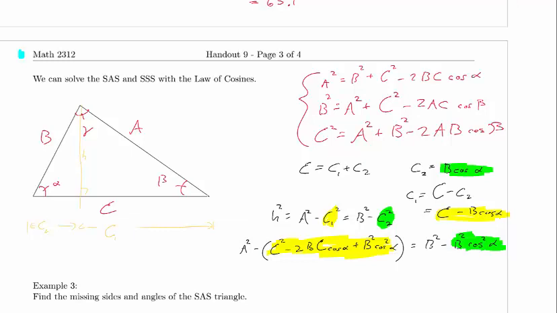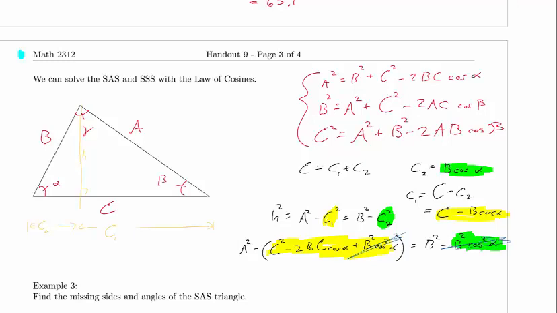Alright, so notice that we've got minus negative b squared cosine squared alpha on the left, and then minus b squared cosine squared alpha on the right. So those two are going to cancel each other out. And now we're going to rearrange the equation so that we've got only a on the left-hand side and everything else on the right.